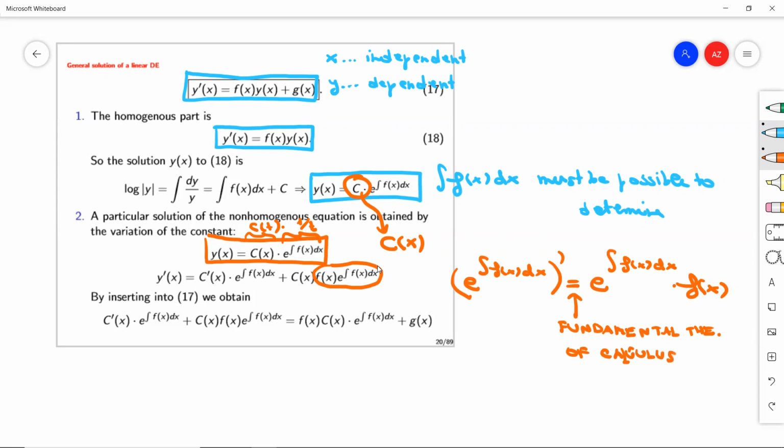In fact, we didn't even need it because here this integral was not definite, but indefinite. So I will put this in parentheses. We would need the fundamental theorem of calculus if our integral in the exponent were definite, but our integral was indefinite.